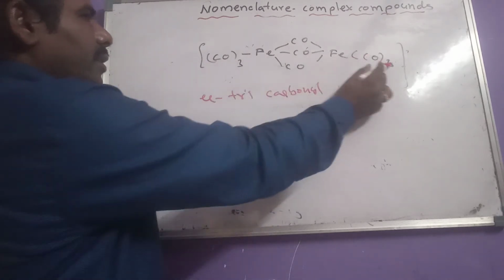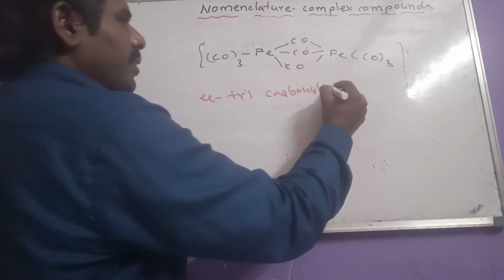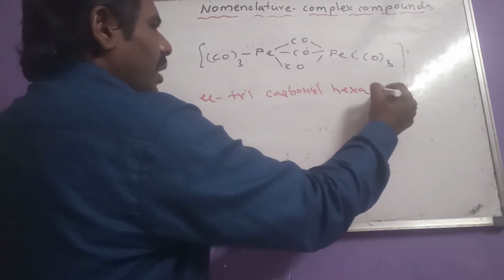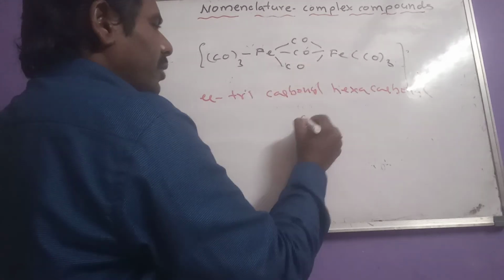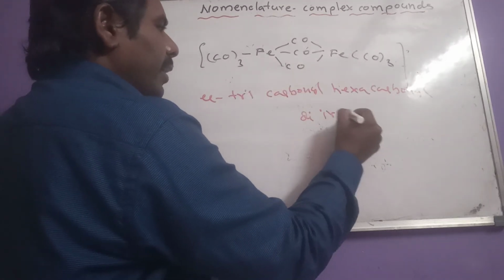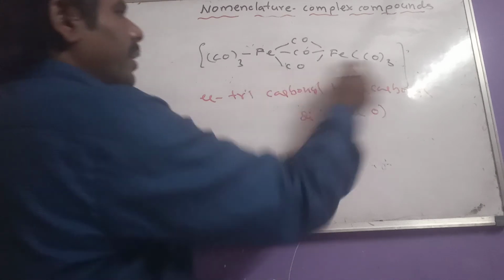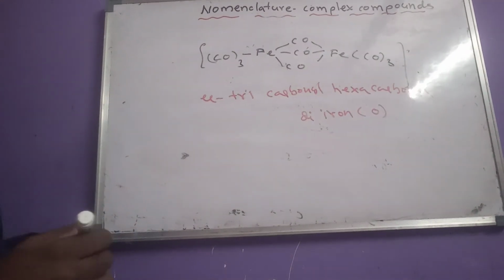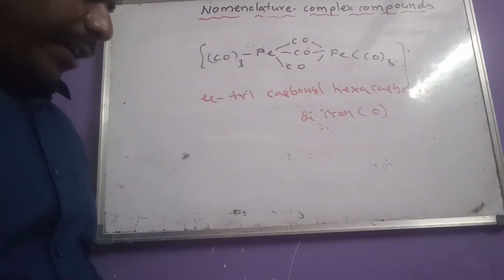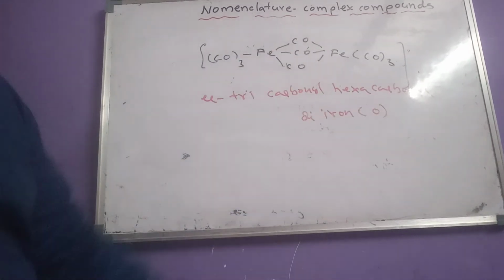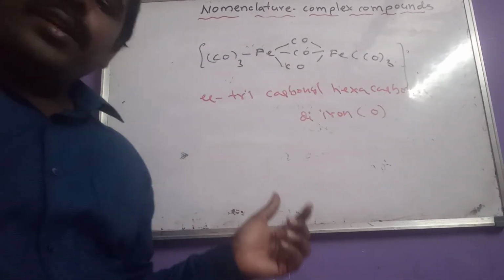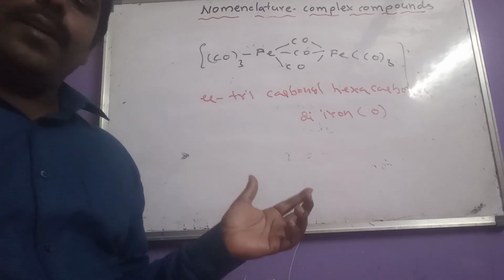And here 3 plus 3, 6 carbonyls are there, so hexacarbonyl. Two iron atoms are there, so di-iron, oxidation number 0. So like this we have to give the naming for different types of complex compounds. So this is regarding nomenclature of complex compounds.